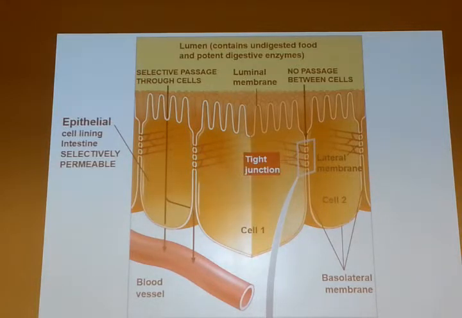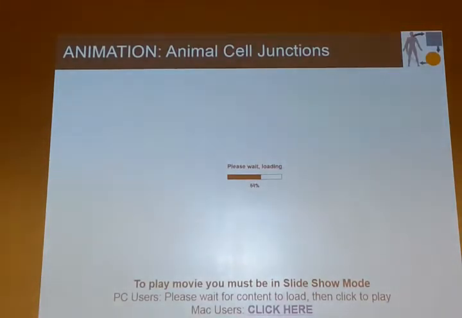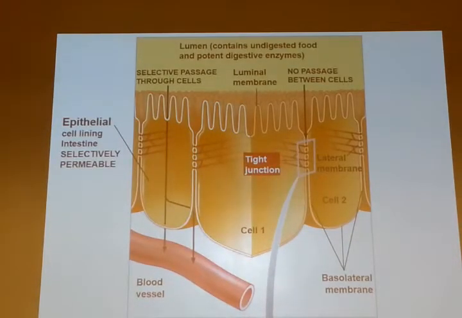We're going to find out next semester they get leaky, especially when a lot of absorption is occurring in your digestive tract. They become leaky. So down below, you're going to have a lot of immune cells hanging out to make sure that the bacteria that's out here isn't getting into the rest of your body.